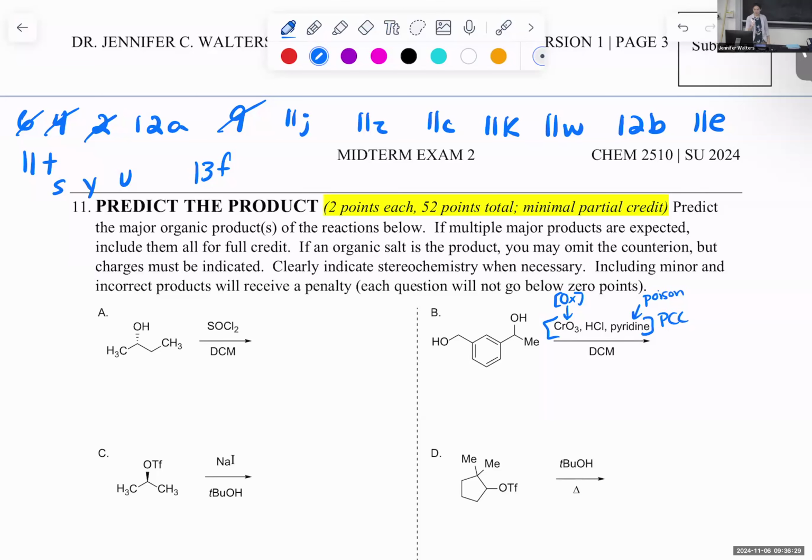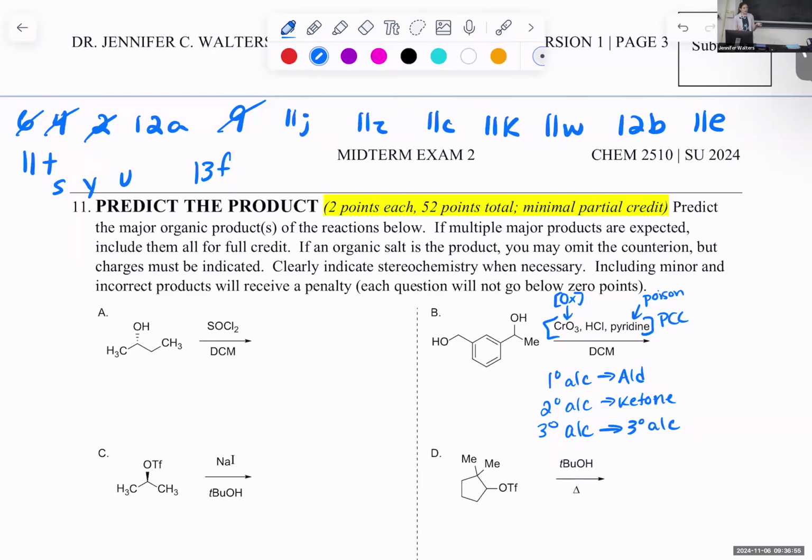That means that my primary alcohols become aldehydes, and my secondary alcohols become ketones. My tertiary alcohols stay tertiary alcohols. We don't touch those. Tertiary alcohols cannot be oxidized. So the primary alcohol will get oxidized, secondary alcohol will get oxidized, the tertiary alcohol we don't touch.